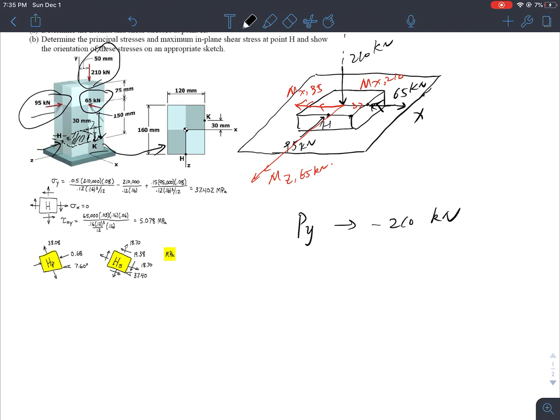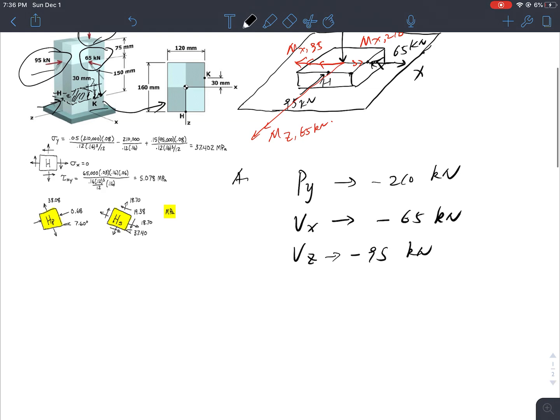I also have shear forces: Vx equals negative 65 kilonewton, and Vy is 0, because I have a Vz direction, which is negative 95 kilonewton. So this is axial and shear.